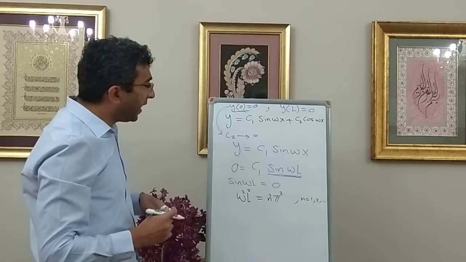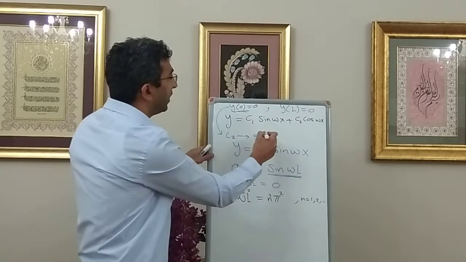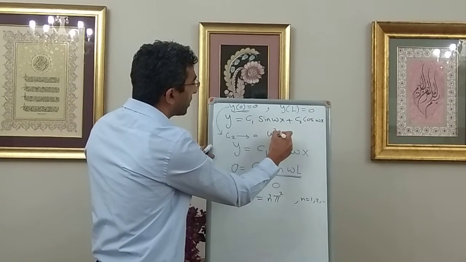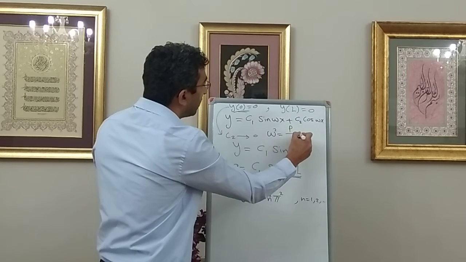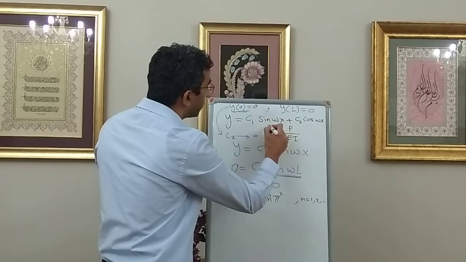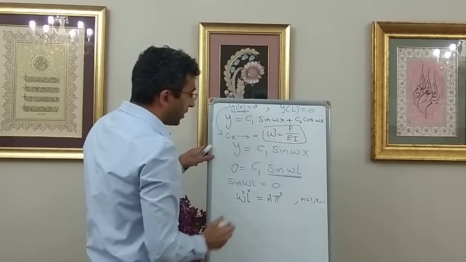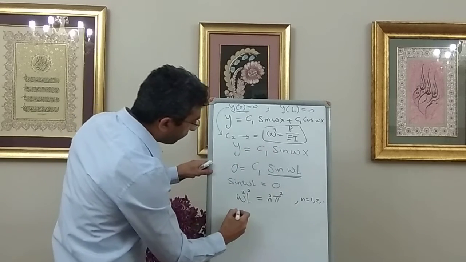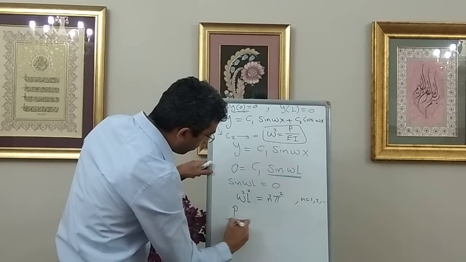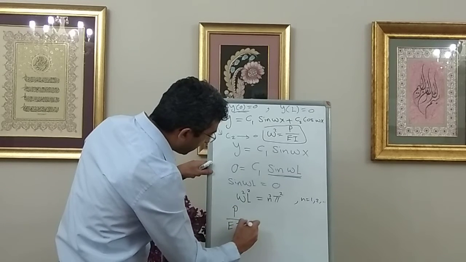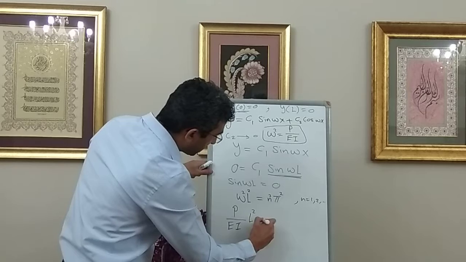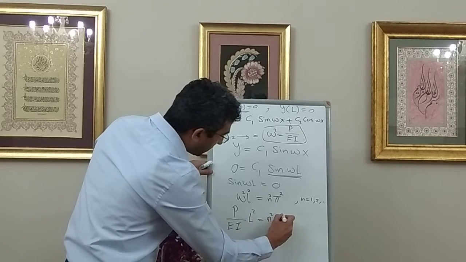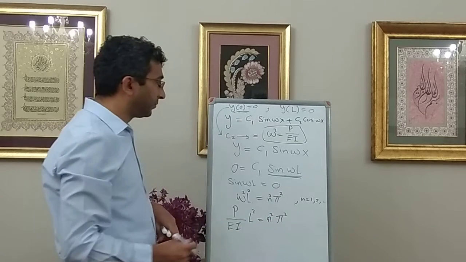And I gave a definition in the beginning of this lecture that omega squared is equal to P divided by EI. So I will plug this into this equation. It will be P over EI times L squared is equal to n squared pi squared.